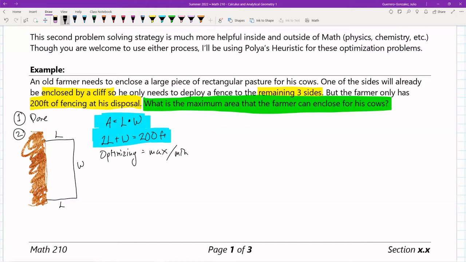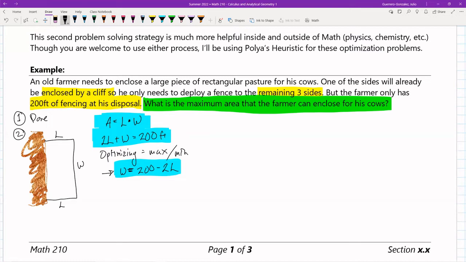I have the constraint equation, okay? So therefore I can say that my W is 200 minus 2L. So I've restated this equation for my constraint, right?